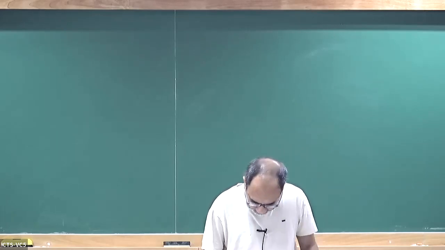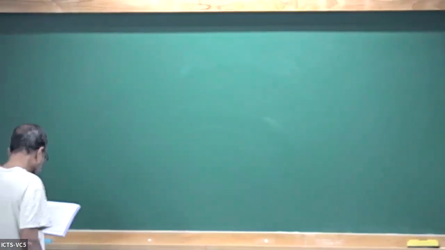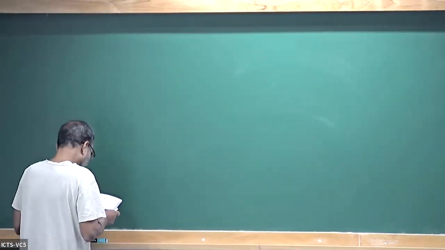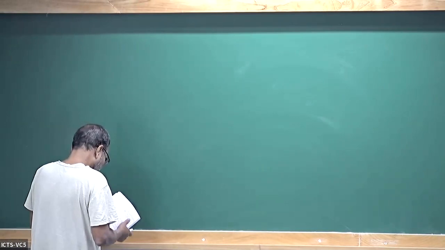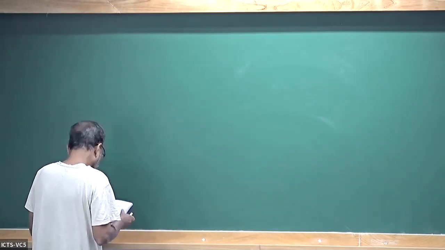So we'll just finish the discussion on the axionic dark matter. There are two things which we left out yesterday. One is the energy momentum tensor, and I'll write down the expression because it will also be useful for discussing inflation.